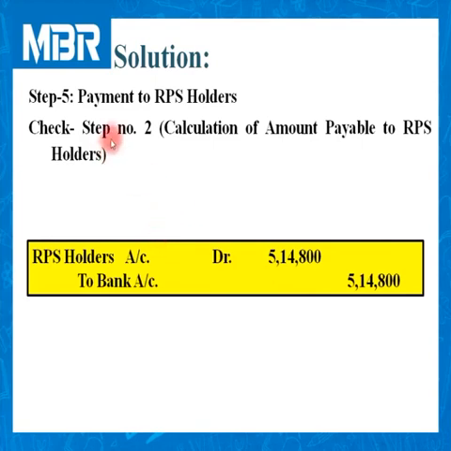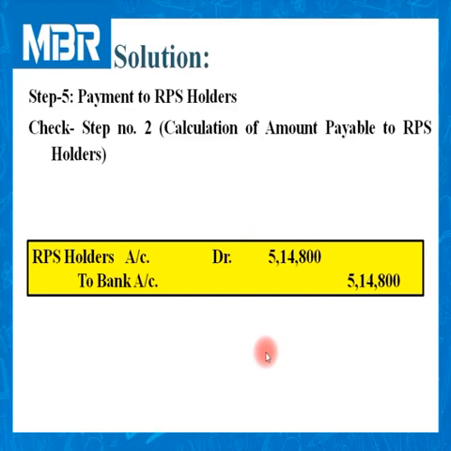Amount paid to RPS holders 5,14,800. So journal entry for this payment is: RPS holders account debited 5,14,800 to bank account 5,14,800. So we have paid amount to RPS holders in order to complete the process of RPS redemption.